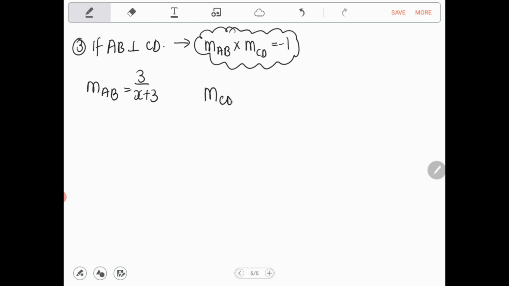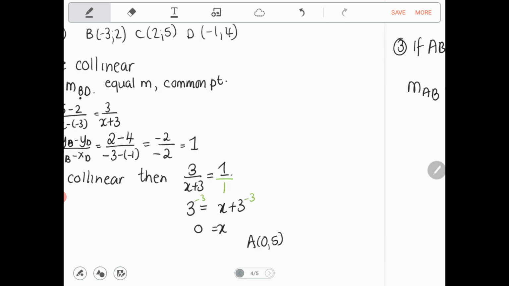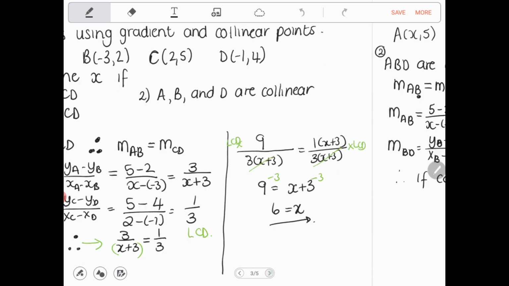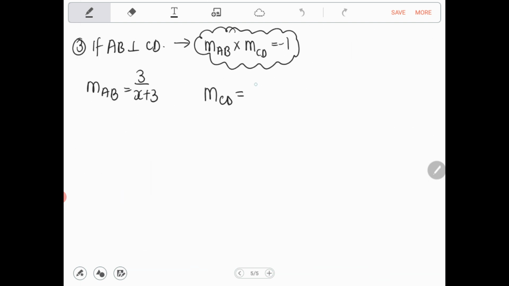Gradient of CD, we've already worked that one out. Gradient of CD is going to be, here we go, 1 over 3. We worked it out there. Okay, so I've already worked that out in number 1. So what I can do is I could either do a multiplication sum.